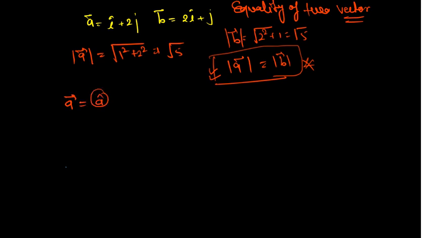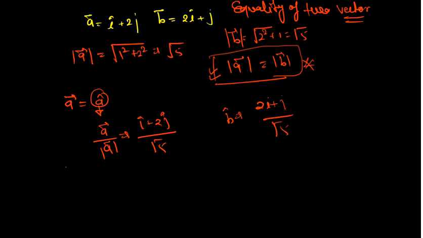The unit vector of a is a vector divided by mod a vector. So its direction will come as i plus 2j divided by square root of 5, and the unit vector of b will come as 2i plus j divided by square root of 5.